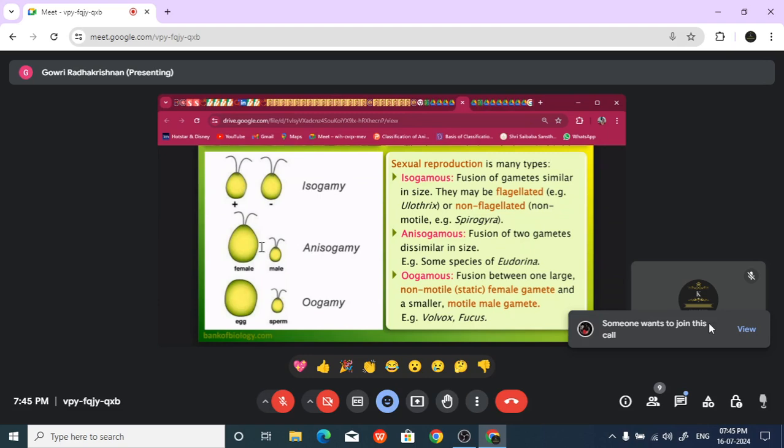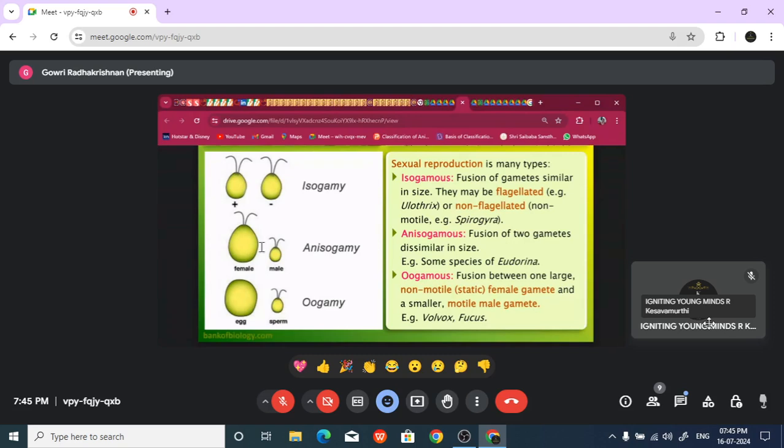You have to remember these things, because questions may come asking whether Spirogyra is flagellated or non-flagellated, motile or non-motile. Options may be given. So you should know how the gametes in Spirogyra and Ulothrix are. These are the details, so you have to pay attention to them.